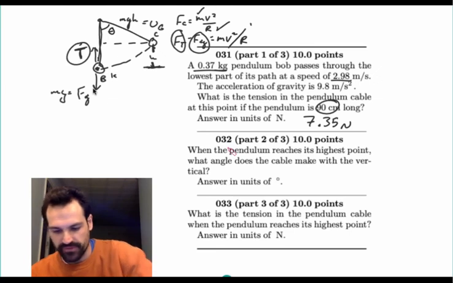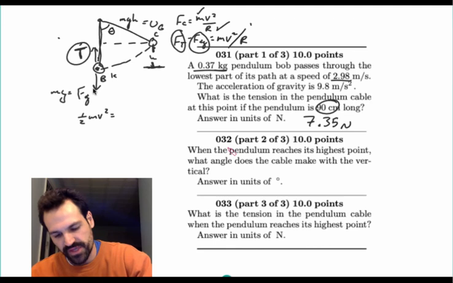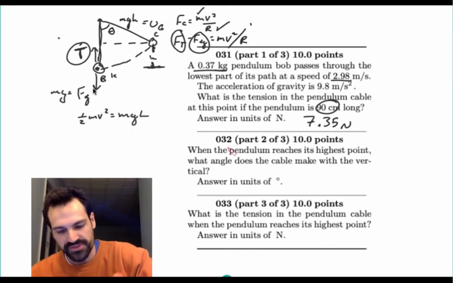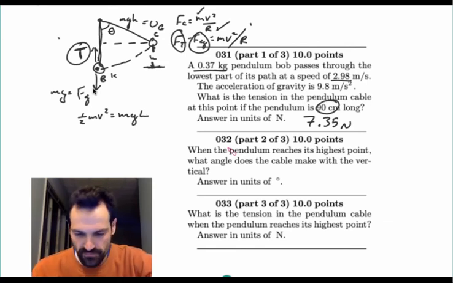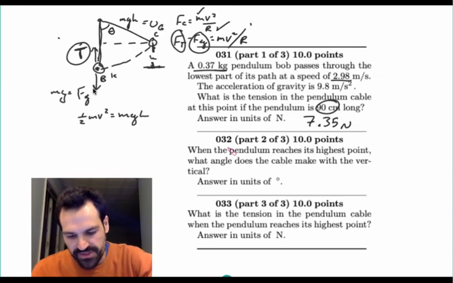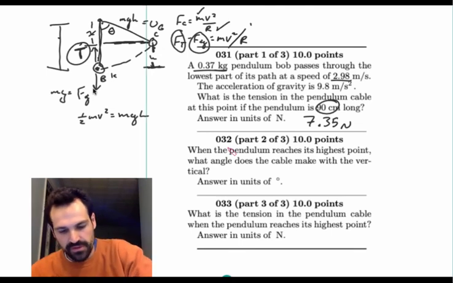So 1/2 mv squared equals mgh. But before I do that, I'm going to go ahead and explain to you where this is eventually going. Once we have the height, then you can use that height and subtract it from the total length of the string to figure out the adjacent side of this upper blue triangle.